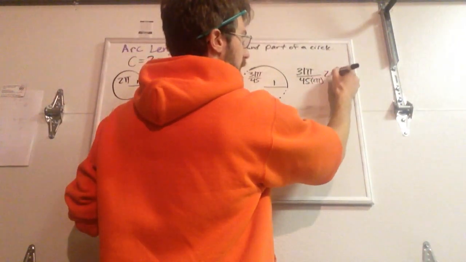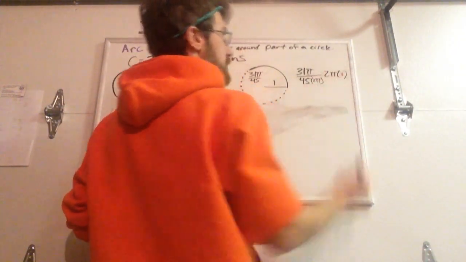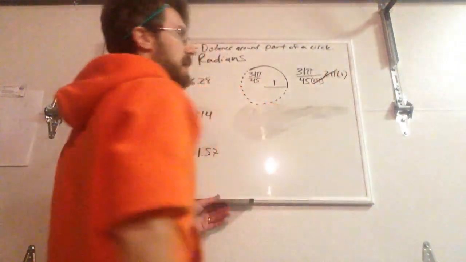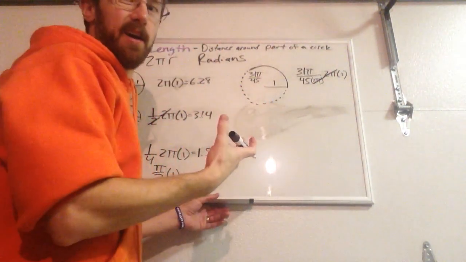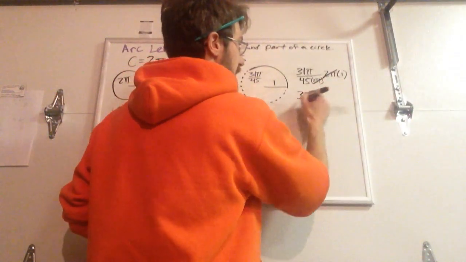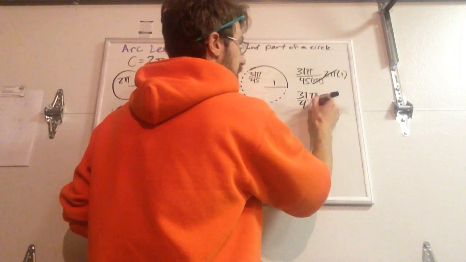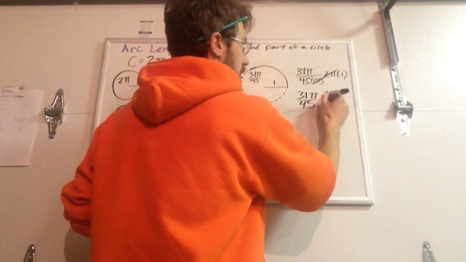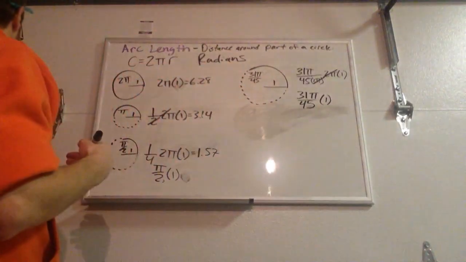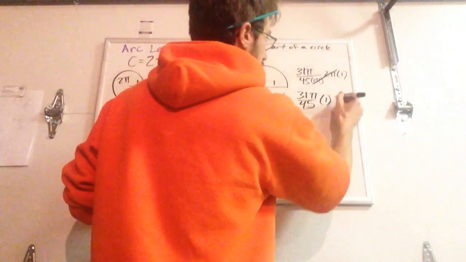And now I'll multiply that by 2 pi times the radius. We'll look at what happens. The 2 pi's cancel out, and again, all it is is whatever that measurement is in radians, times the radius.